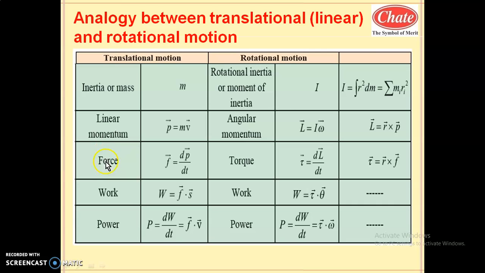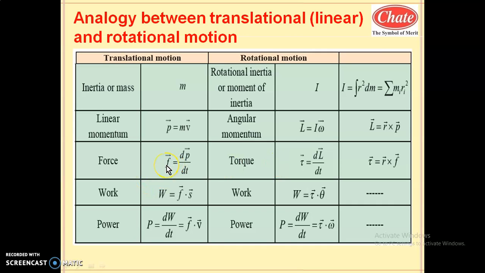Now next, one more physical quantity is force. By Newton's second law of motion, force is the rate of change of linear momentum. Actually, this expression is Newton's second law of motion, that is vector F equal to dp by dt, where p is the linear momentum. The analogous equation in rotational motion is, in place of force, torque is essential.